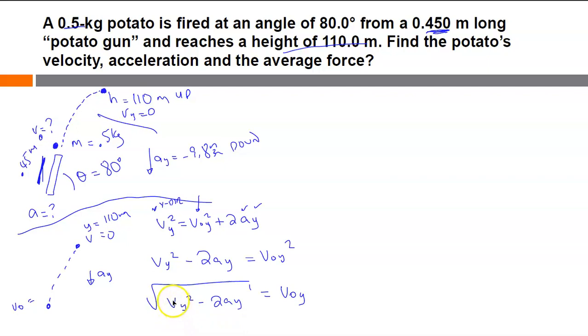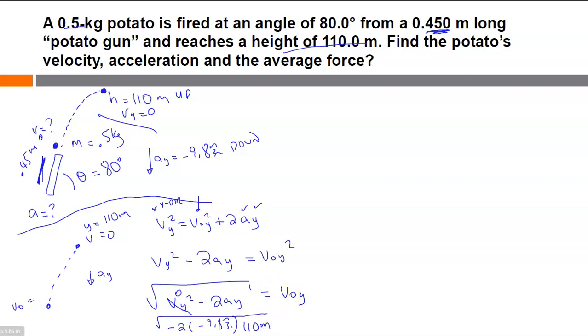The final velocity right here is 0. It stops up at the top. So what I need to do is take the square root of negative 2 times the acceleration, which was negative 9.8, times the maximum height, the 110 meters.